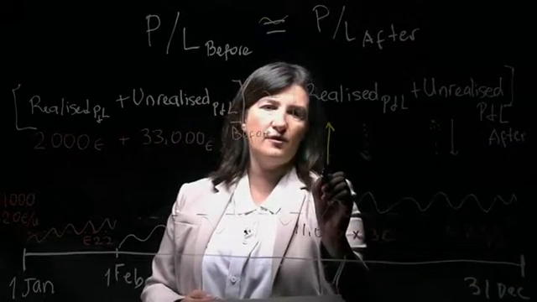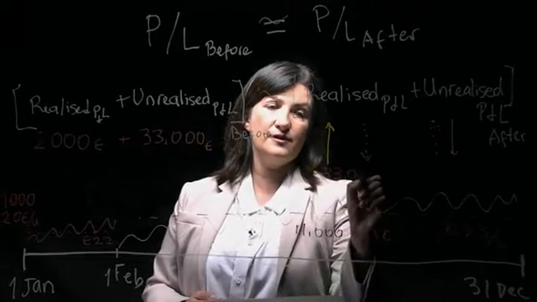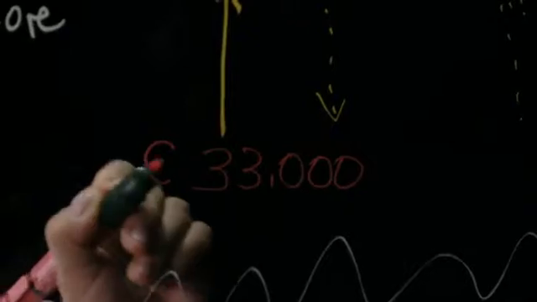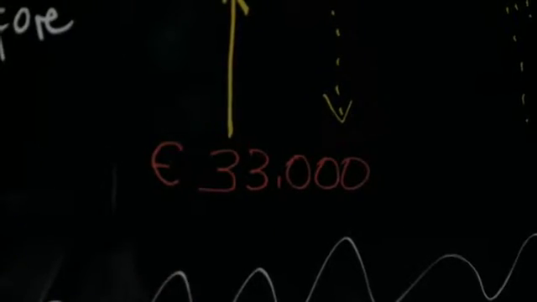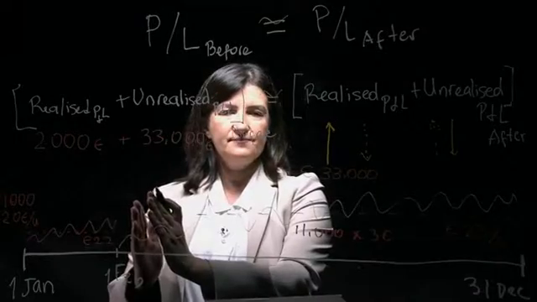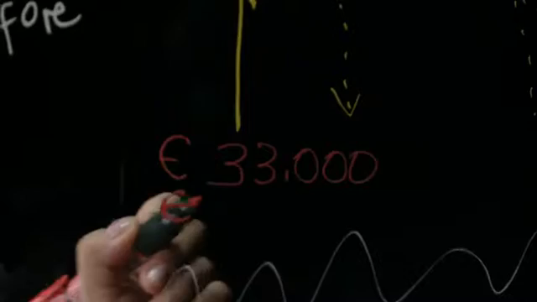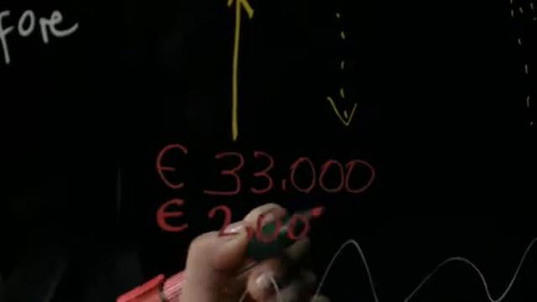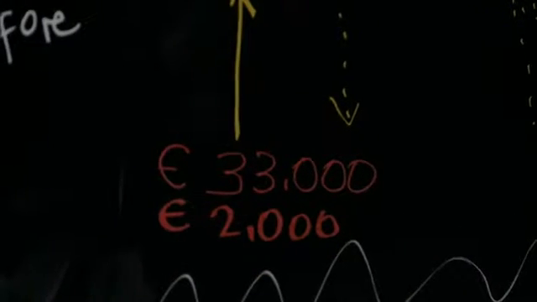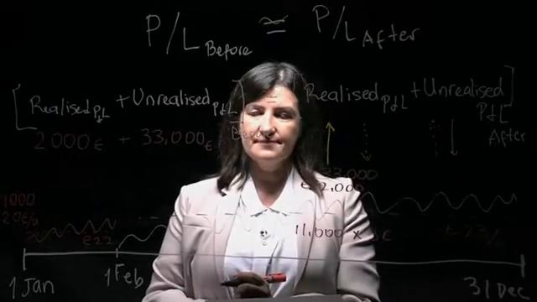And therefore, our realized P&L after the compression is 33,000 out of all this part of the deal that was eliminated, plus the 2,000 profit that the trader made over the month of January. This gives us a total P&L of 35,000.